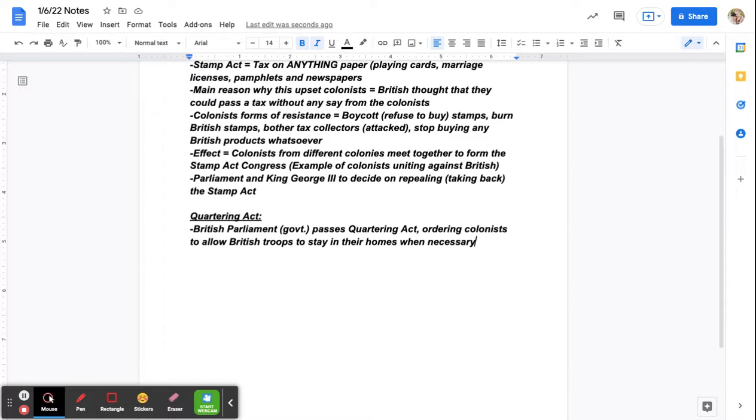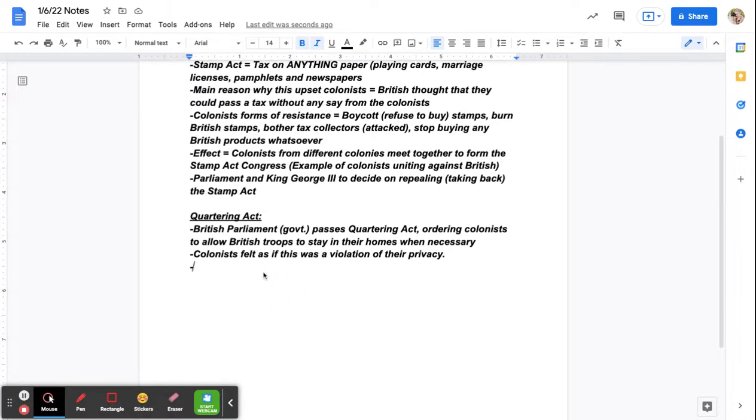Many colonists were upset about this because colonists felt as if this was a violation of their privacy. They didn't want people to be able to just show up in their house unannounced.